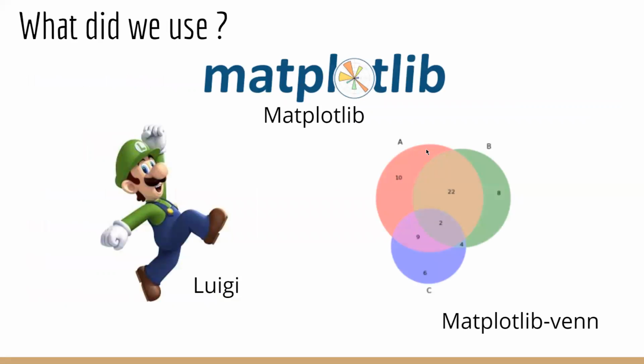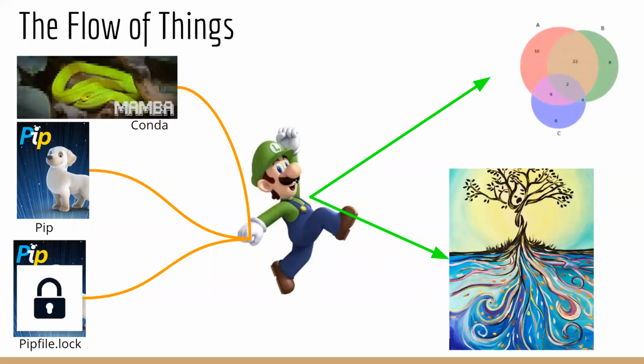So what packages do we use? We use more than these three packages, but these three are the backbone of what we did, so we chose to show only these three, especially Luigi. This is the flow of things. We would use three files, the conda.json, the pip.json, and the Pipfile.lock.